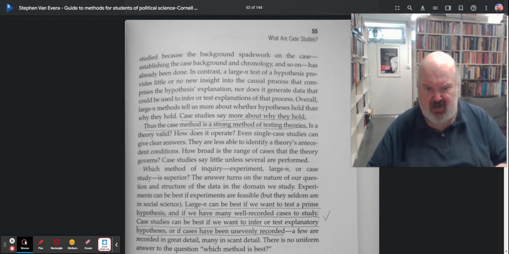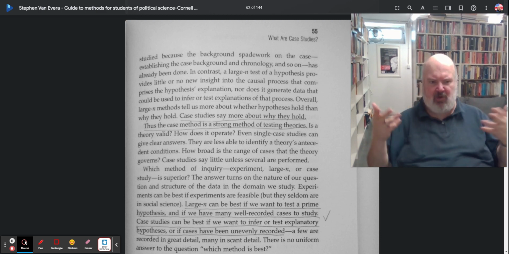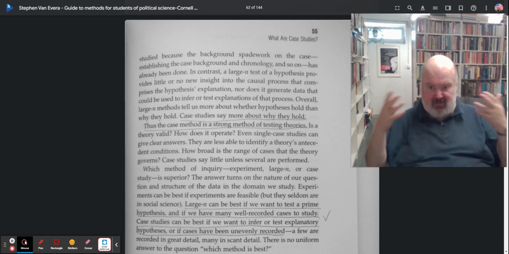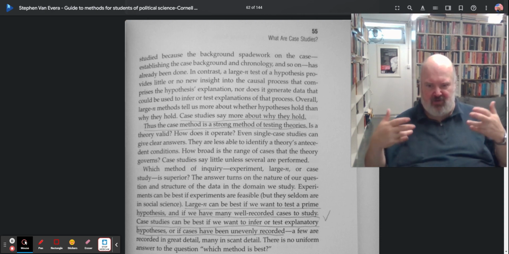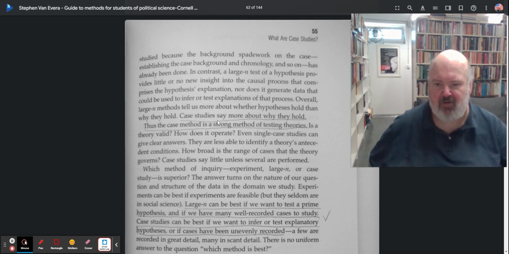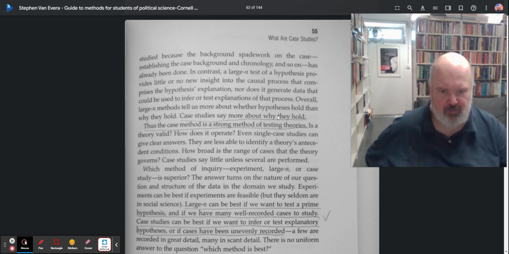So you cannot get new insight into what comprises the hypothesis explanation. Overall, large N methods tell us more about whether hypotheses hold than why they hold, okay?